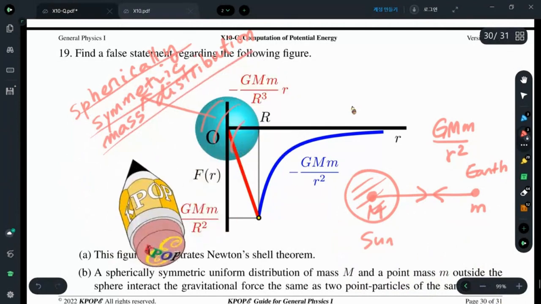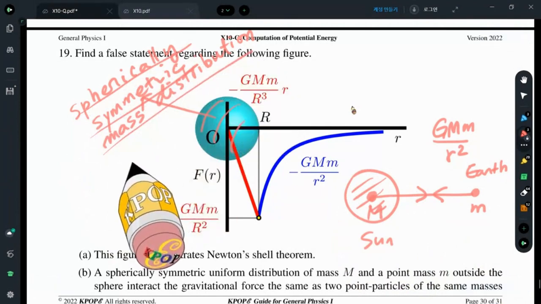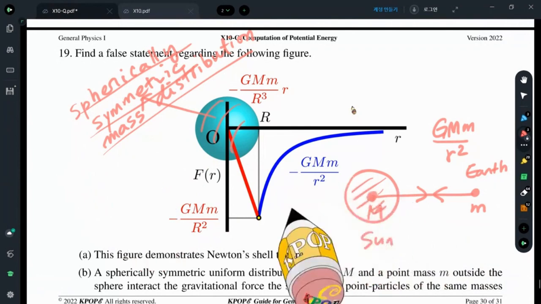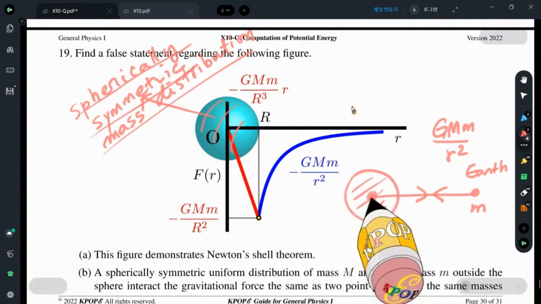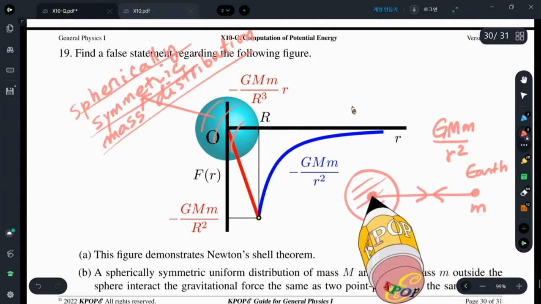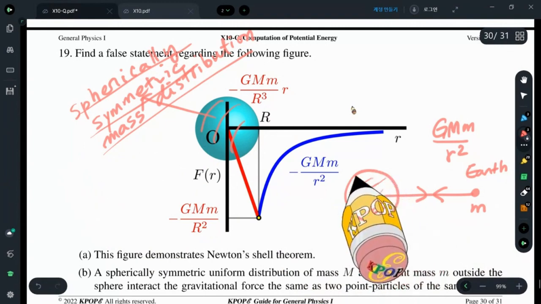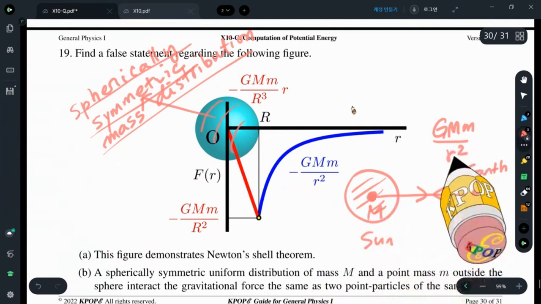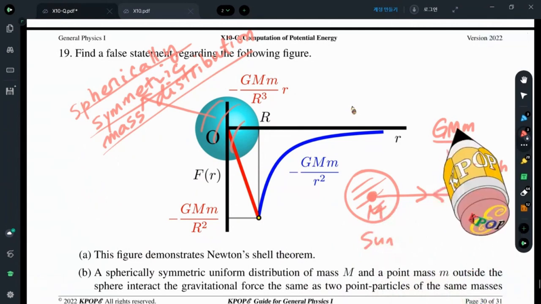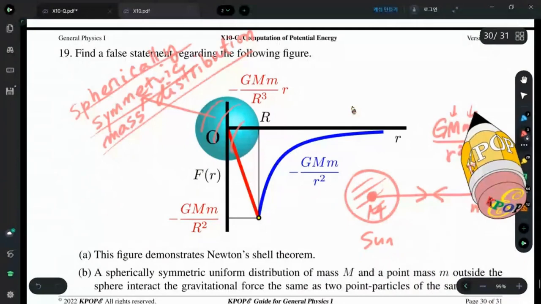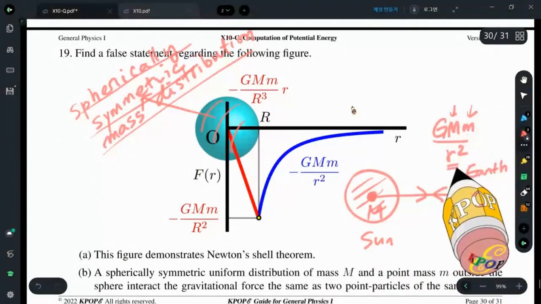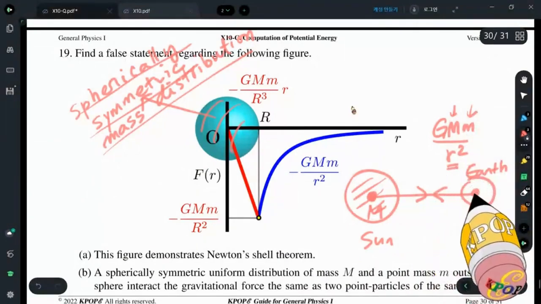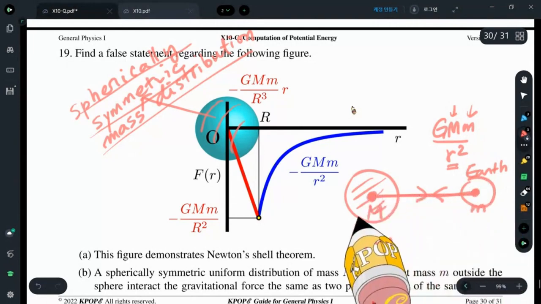For example, if it is a uniform mass distribution inside the sphere, in that case, what I need to do is just point the center and let all of the mass be placed at a single point. And the gravitational force can be computed by just point mass, and the distance is counted by the distance between the two centers.